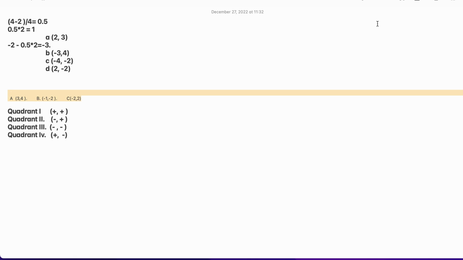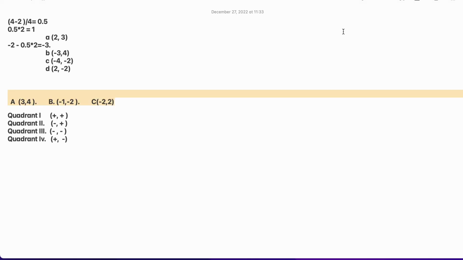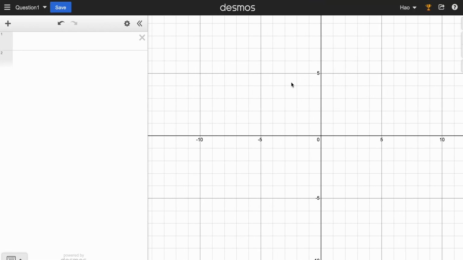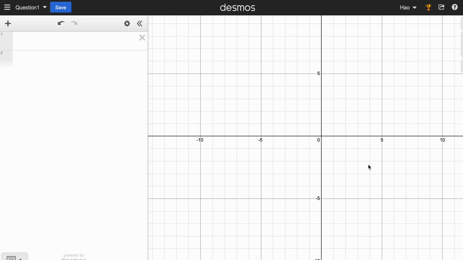Wait for me, enlarge it. We have said about quadrants, right? From here go anti-clockwise to here. It's from here, here. First, second, third, and fourth.